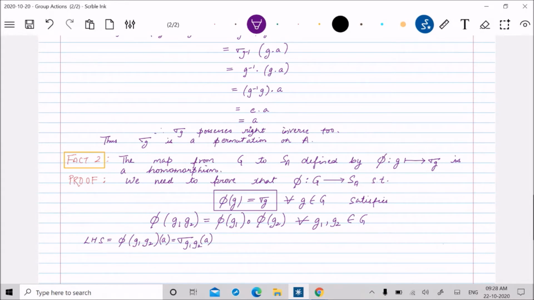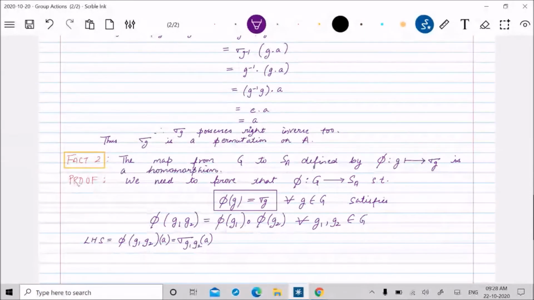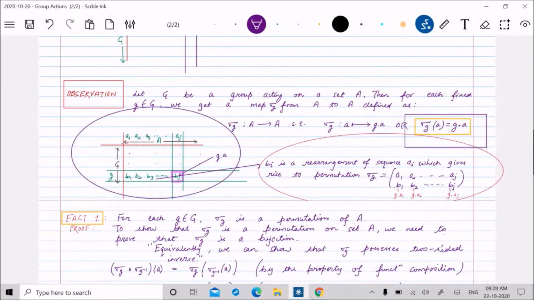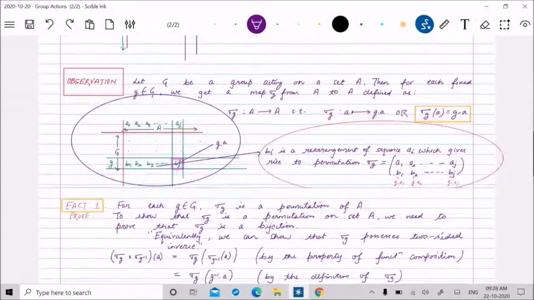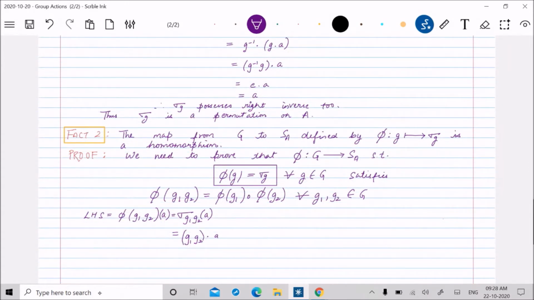There's no point to write f o g equal to f o g. f(x) is there. I mean, there should be some entry on which this is acting. Now, following this, sigma of g1 g2 of A must be equal to, if you follow this definition, this boxed definition, then you will see that that should be equal to g1 g2 acting on A, right? So I am using the above definition also, g1 g2 acting on A, and I should write it like this, g1 g2. You should try to prove the right hand side, okay? And this is your right hand side.